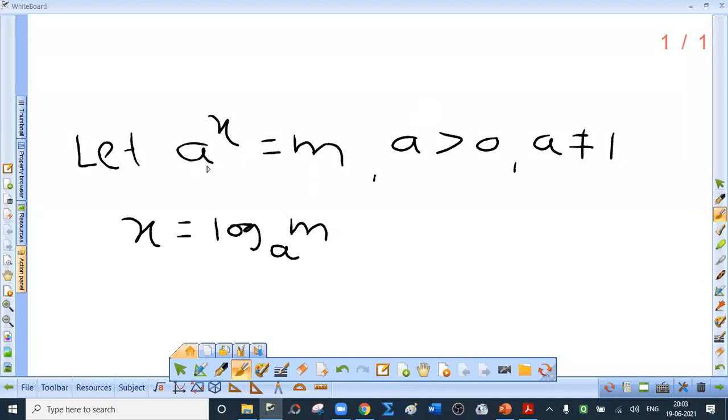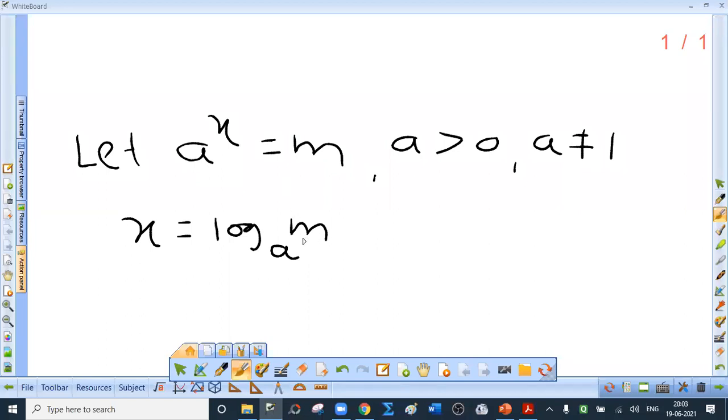See, a, that is the base, is positive, not equal to 1. So whatever may be the index, the answer m is always positive. So the conclusion is logarithm of only a positive number is defined. Log 0 is not defined. Log of a negative number is not defined.